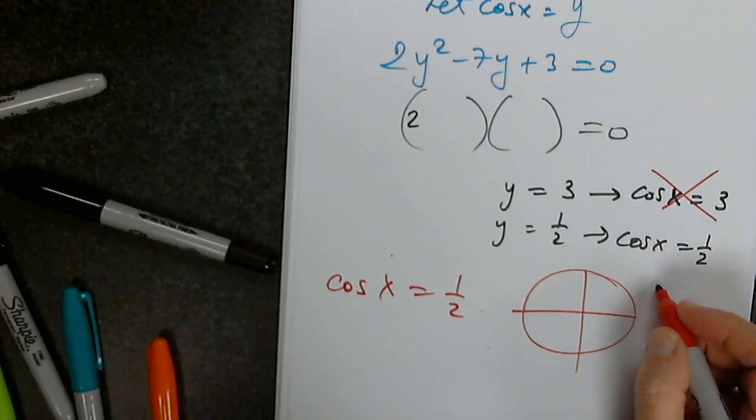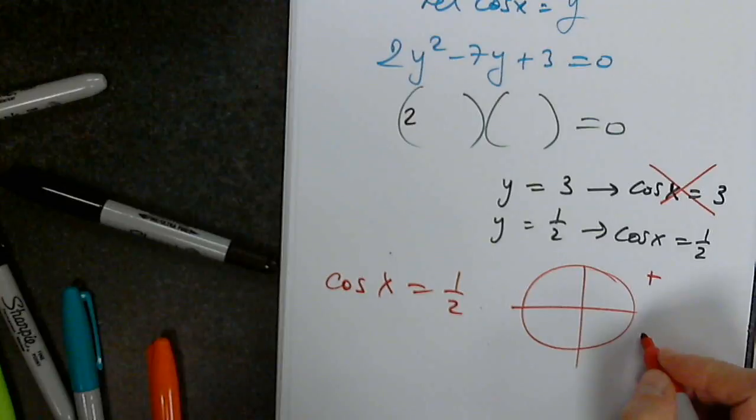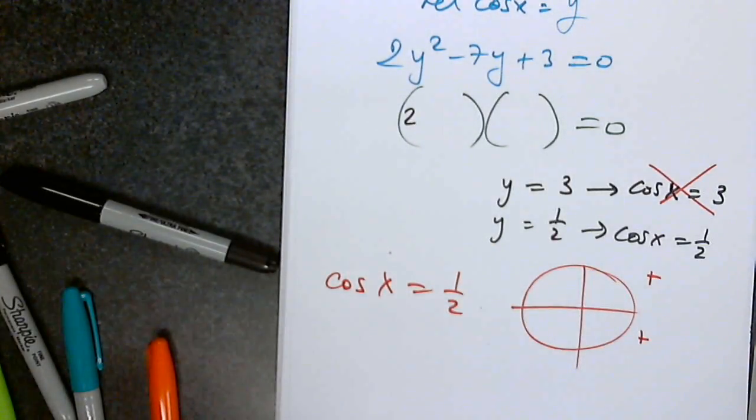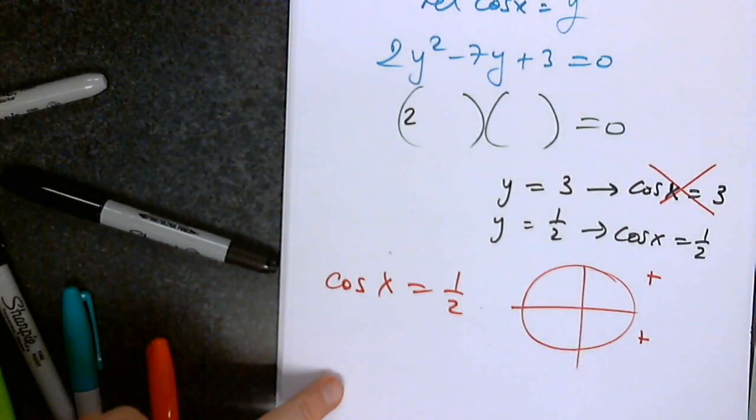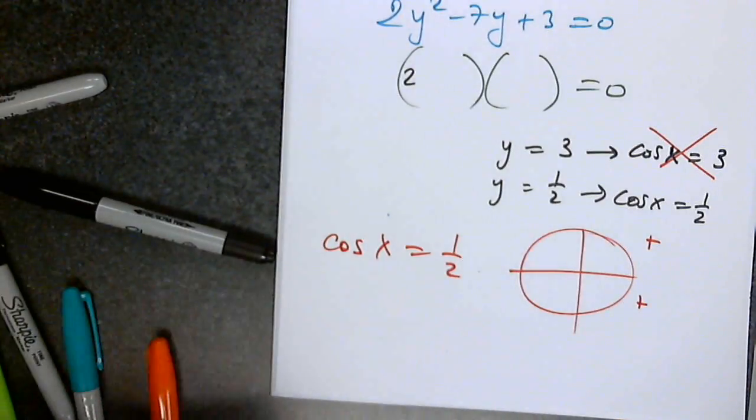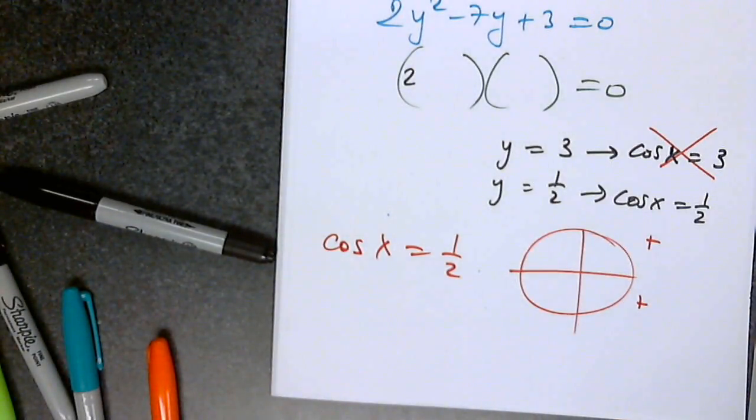Sorry, first and fourth. Right. Cosine is measured on the x-axis, so it's the first and the fourth. Perfect. And now I have to think in terms of that little chart. Cosine of which angle is 1/2? It's not the top one and it's not the middle one, because the top one has 1/2 in front of sine, not in front of cosine.